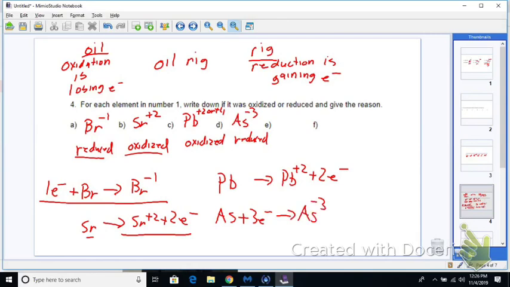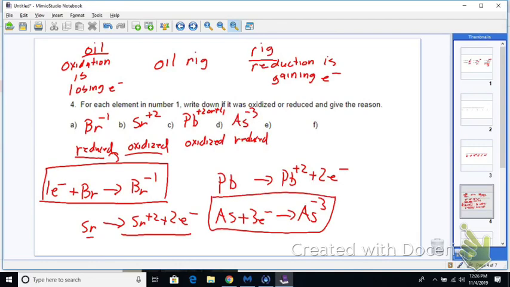Okay, you guys see the difference? These two here, this one here is reduced, kind of showing it reduced. And then the other two are oxidized. So I'm going to have you guys do sulfur, see if you can show it right. So below number 4, show sulfur.